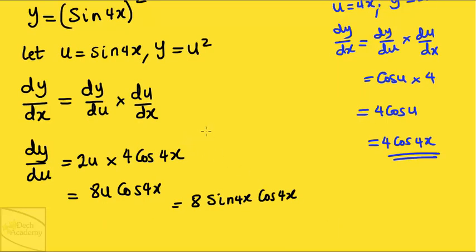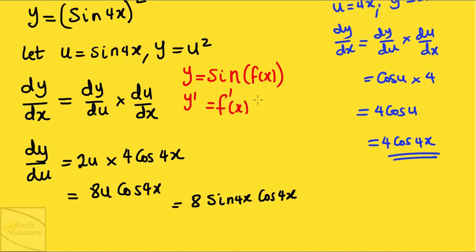Now, instead of going through the laborious approach I just went through, you could just use the result I showed you earlier, which says that if y is equal to the sine, I'll just go to the table, actually. But if y is the sine of a function of x, the derivative, dy dx, is equal to the derivative of that function times the cosine of that function. So in this case, we're trying to find du dx.